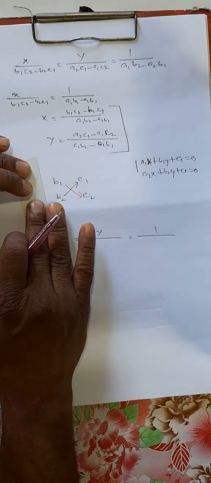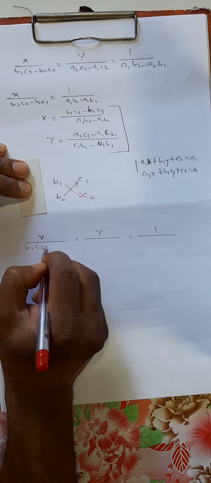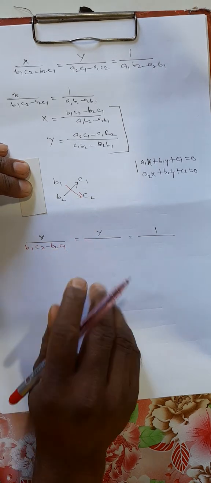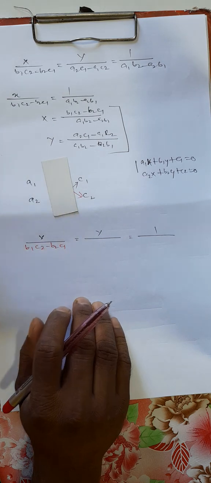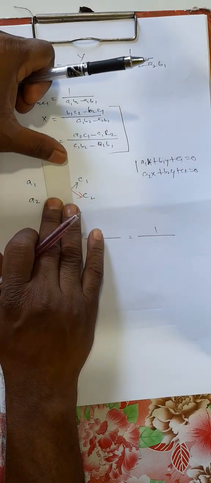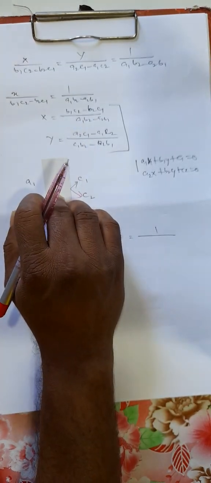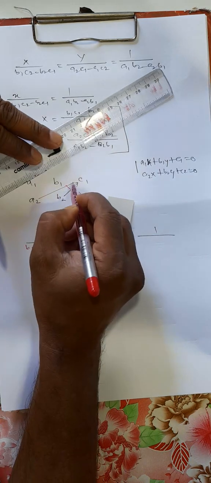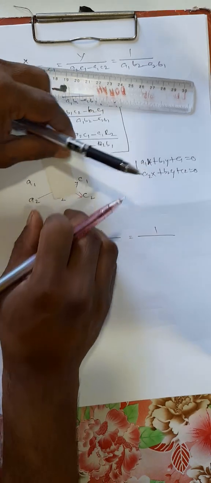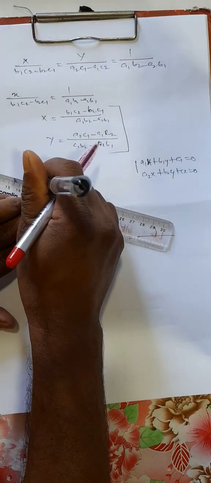So for finding the denominator of x, we will cross multiply this, b1 c2 minus b2 c1. Then you find the denominator of y. We will hide the coefficients of y. Now you will multiply, this time you multiply from this side. Red line indicates this will be done first, and blue line indicates this will be done second.